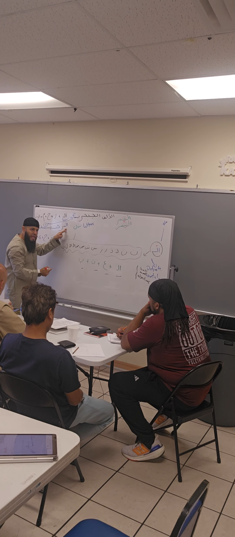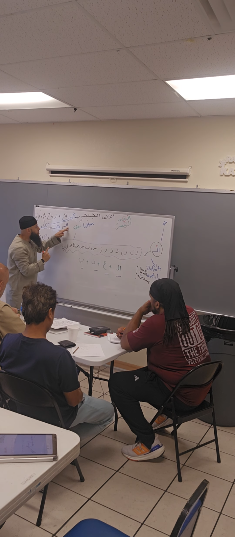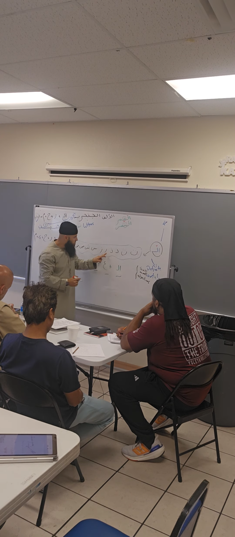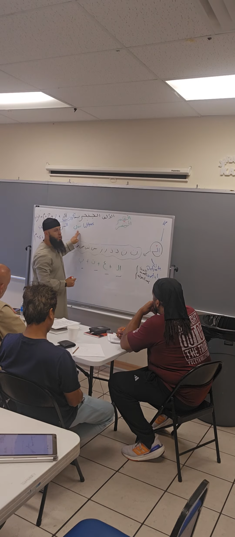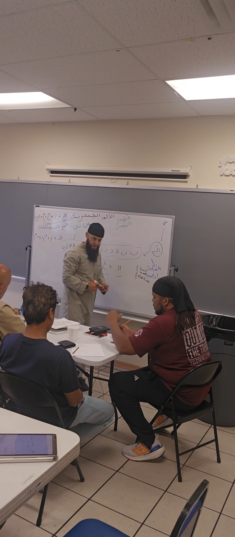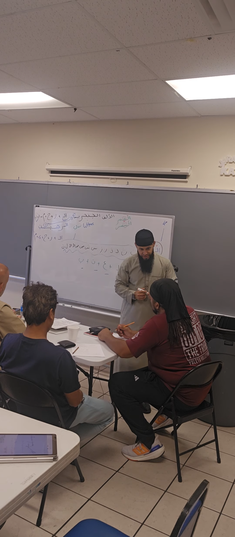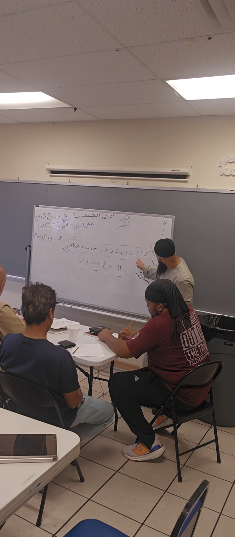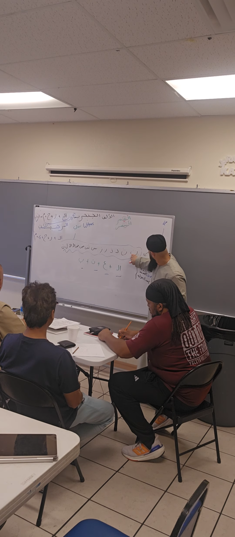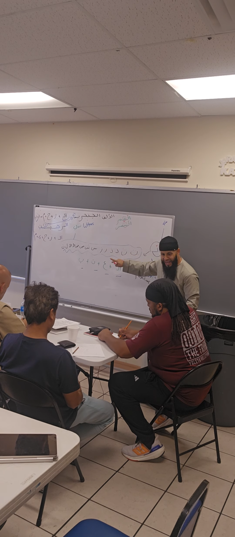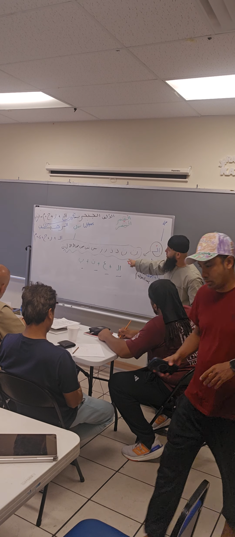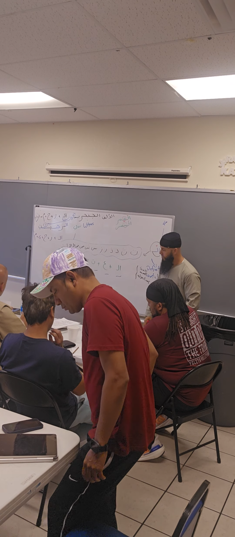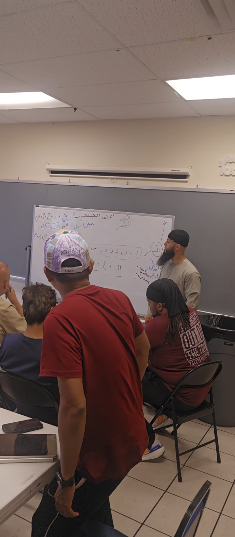You're going to jump straight to the R, from A to R. Why? Because Ra is from the solar letters. And there are lunar letters. The lunar letters, you pronounce. Any letters other than this group, you're going to pronounce. Just this group you're not going to pronounce.